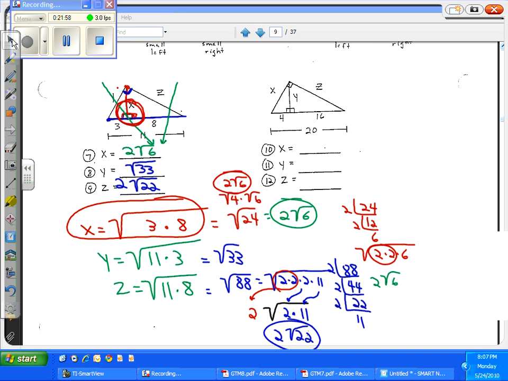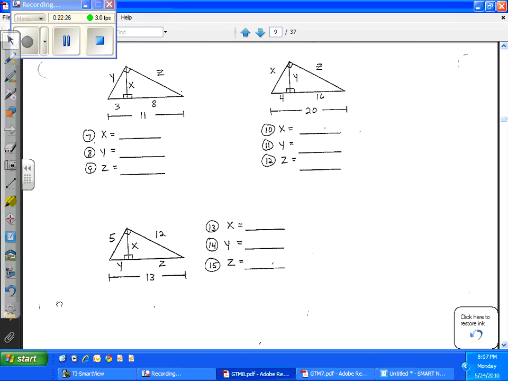Leg is equal to the square root of hypotenuse times closest piece. If you'll say the rules as you use them, then you can commit those rules to memory long term. Okay?